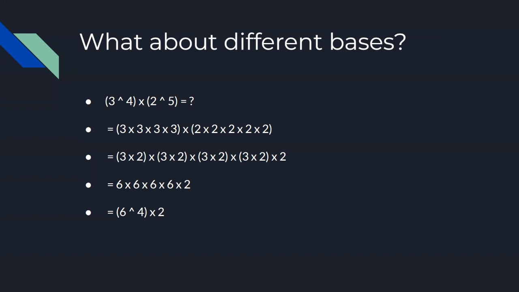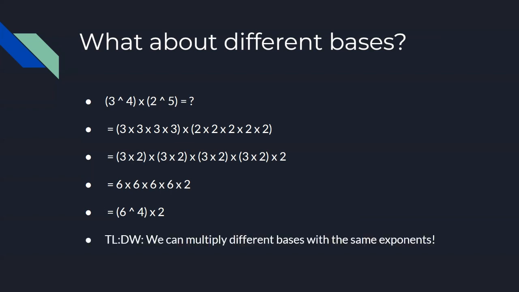What patterns can we see here? With different bases, we split up those first two numbers and made pairs of as many as we could to get a new common base to use, 6.